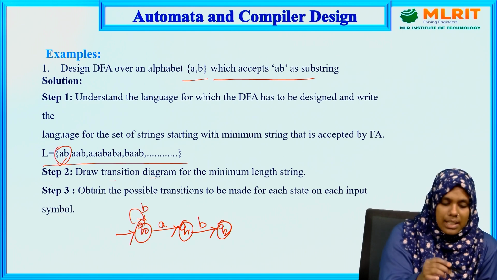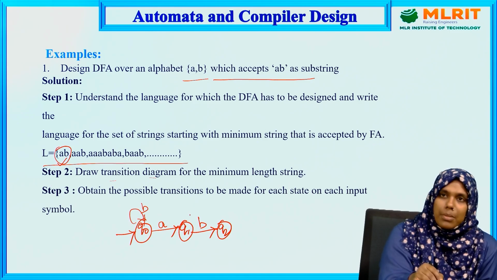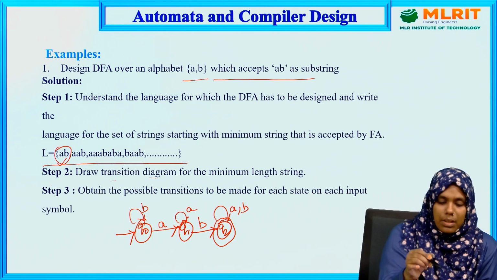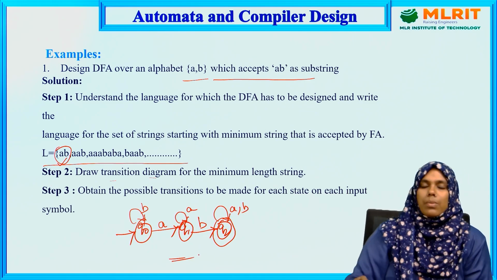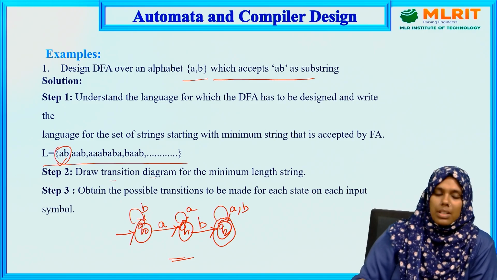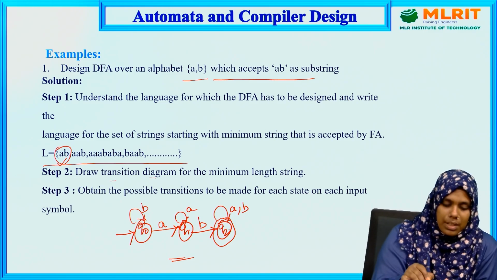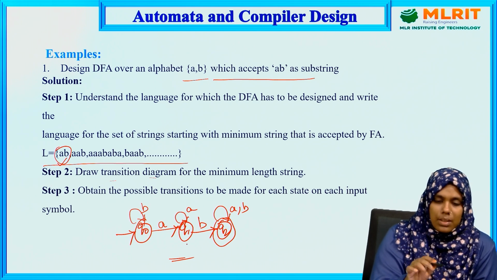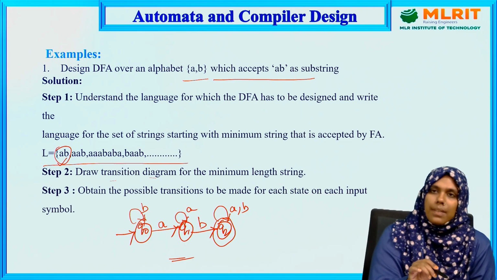From Q0, A is completed, so the other transition we can give is B. In the same way, from Q1 we have B, and the other input transition is A. From Q2 we don't have any transition, so we give A comma B. This is the transition diagram for the question. Each of the 3 states has transitions on both A and B, and it satisfies the condition given in the question.